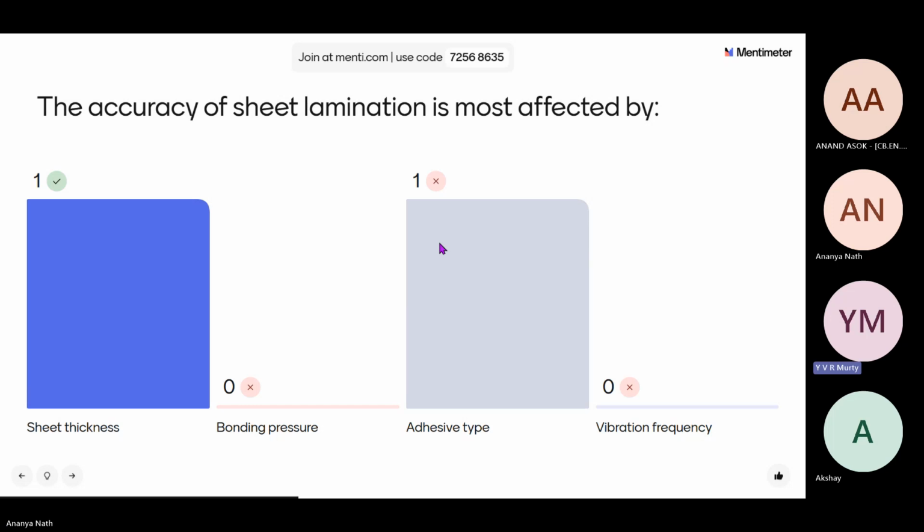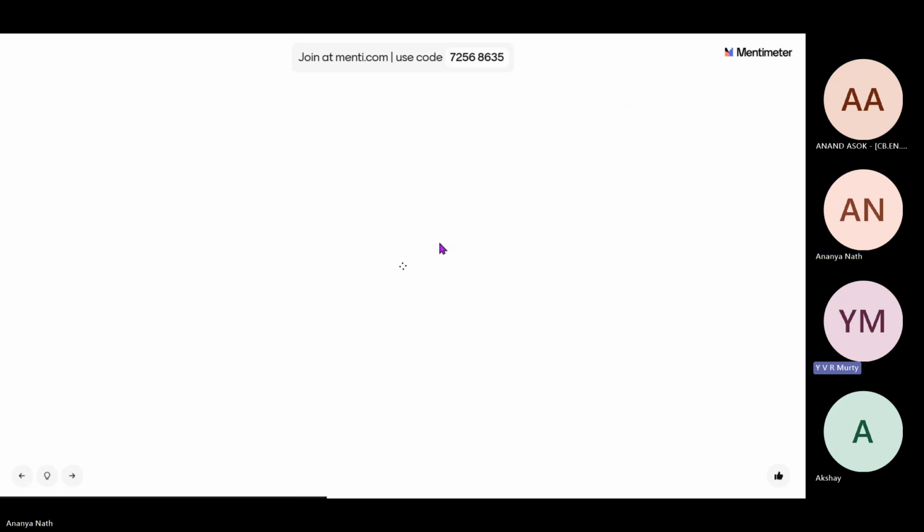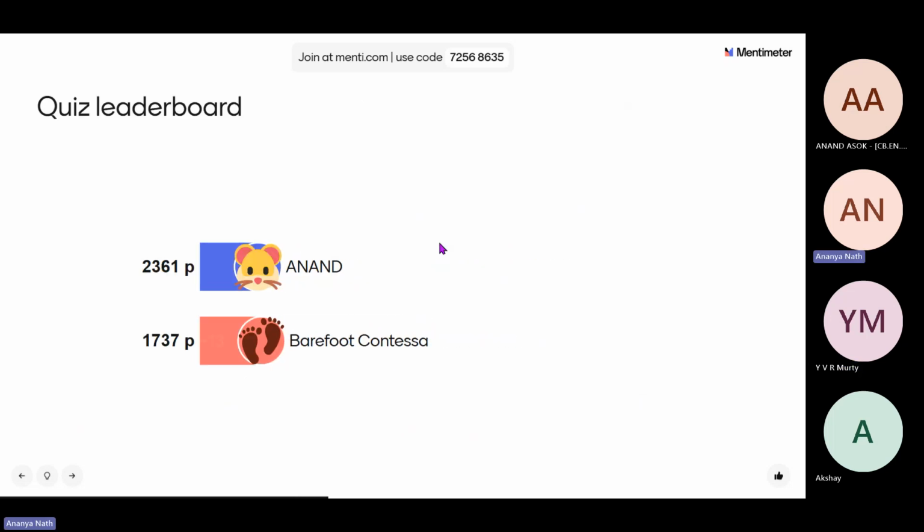Sheet thickness. It's true for all types of additive manufacturing that the layer thickness is one of the main criteria to get the accuracy. Good. So this is the general point for any SLS, RP, rapid prototyping. Less sheet thickness means more accuracy, irrespective of any type of additive manufacturing.